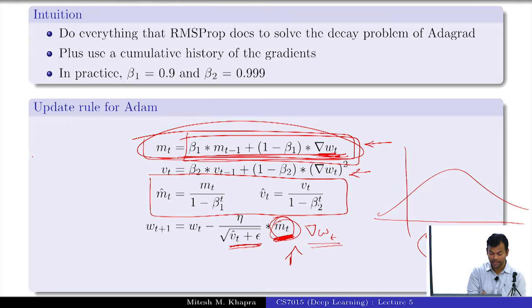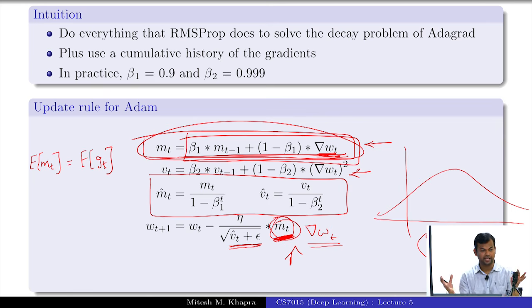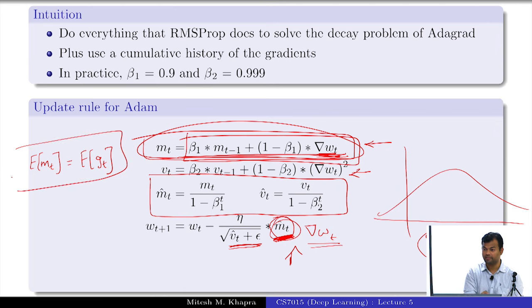What do I actually want? I want the expected value of MT to be equal to the true expected value of GT. This is what I want, because I don't want my updates to move in the extremes. It should be closer to the average, to the mean of the distribution. Do you agree that this is my wish list? This is something that I should desire.